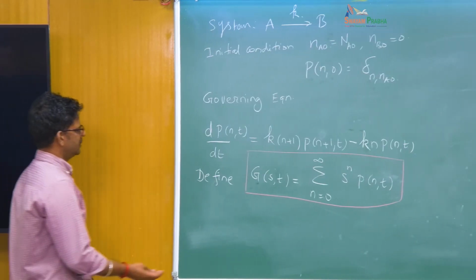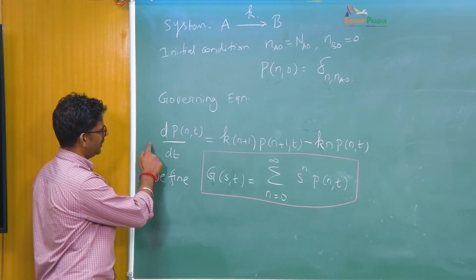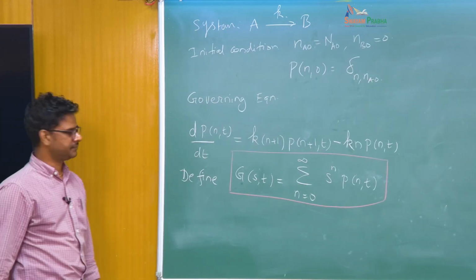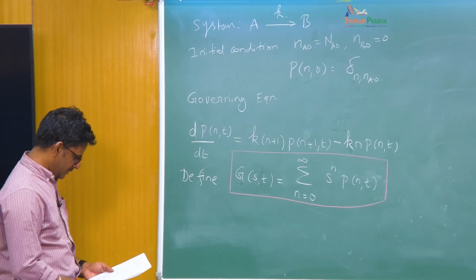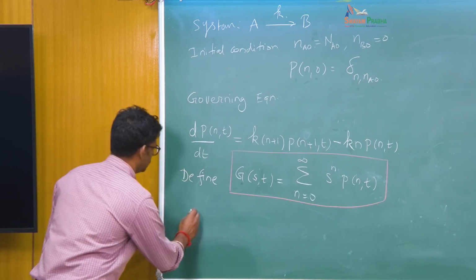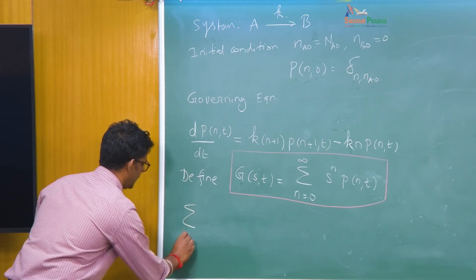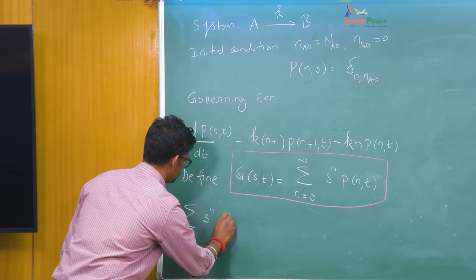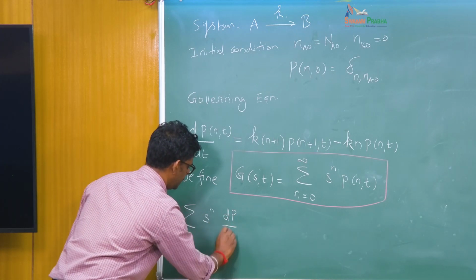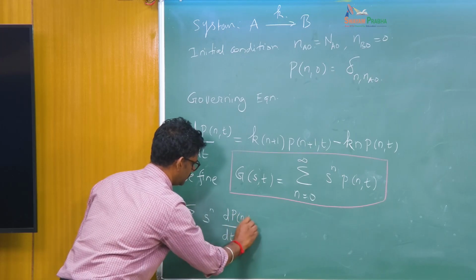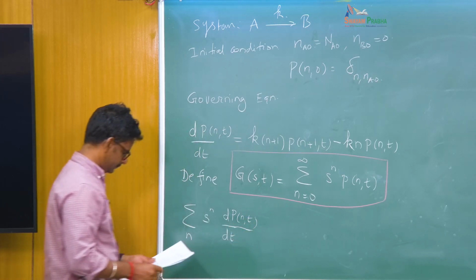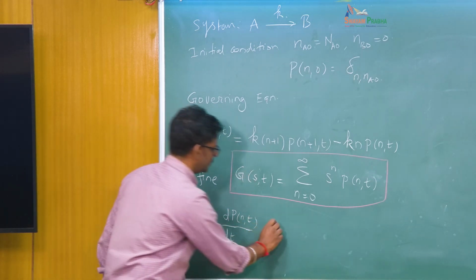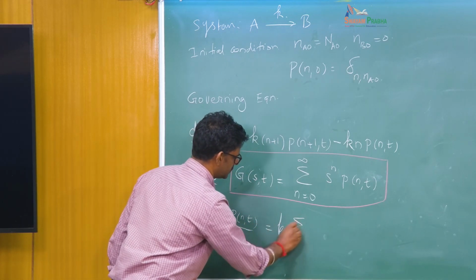To see how this is done, we can multiply this entire thing with s to the power n and sum over n.